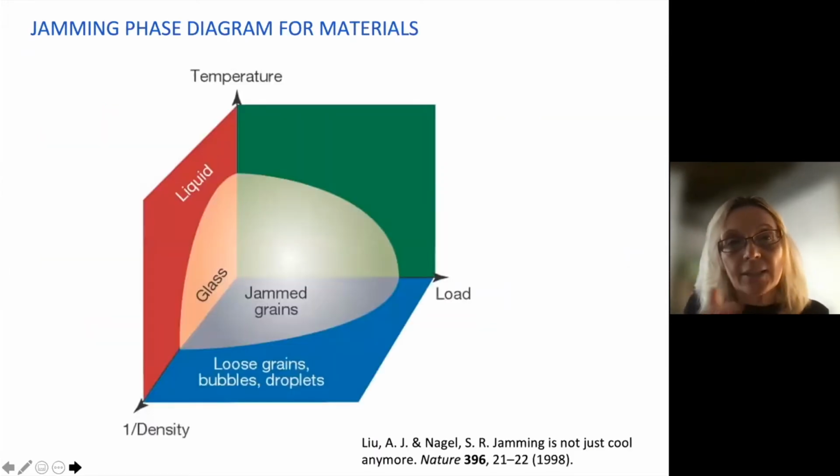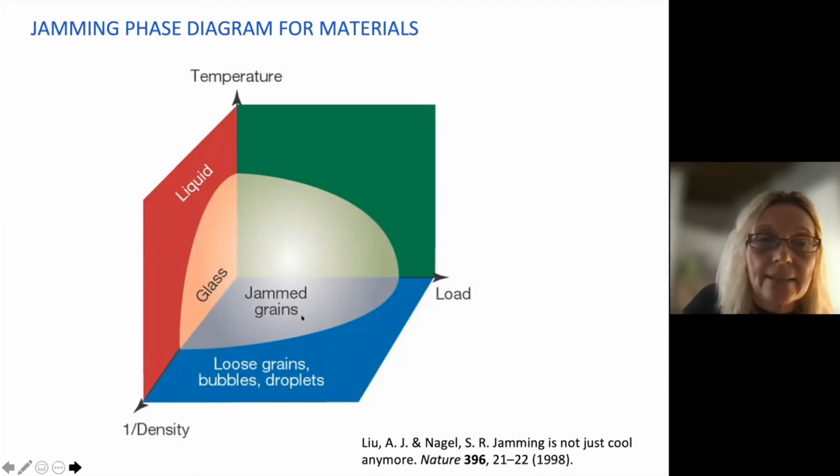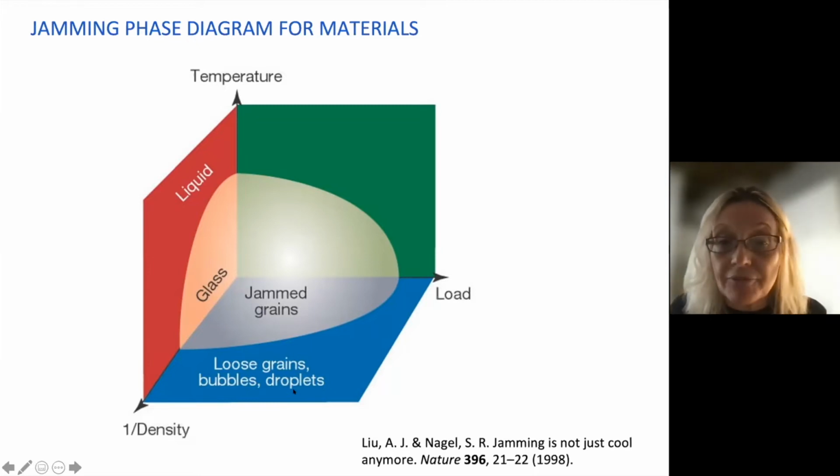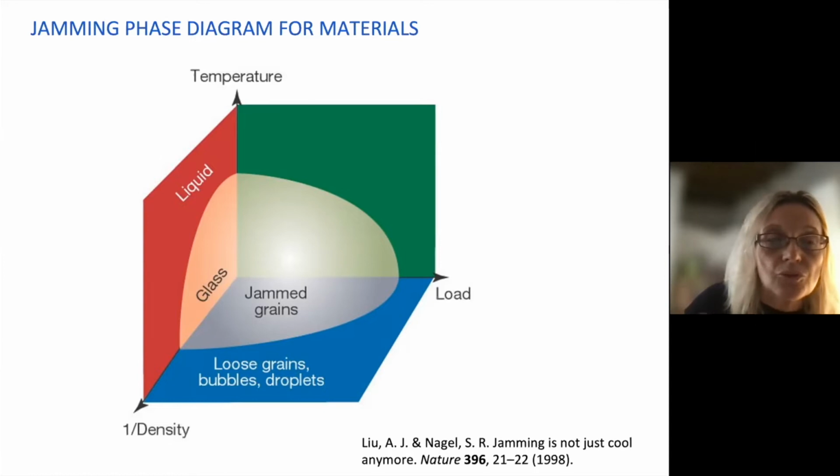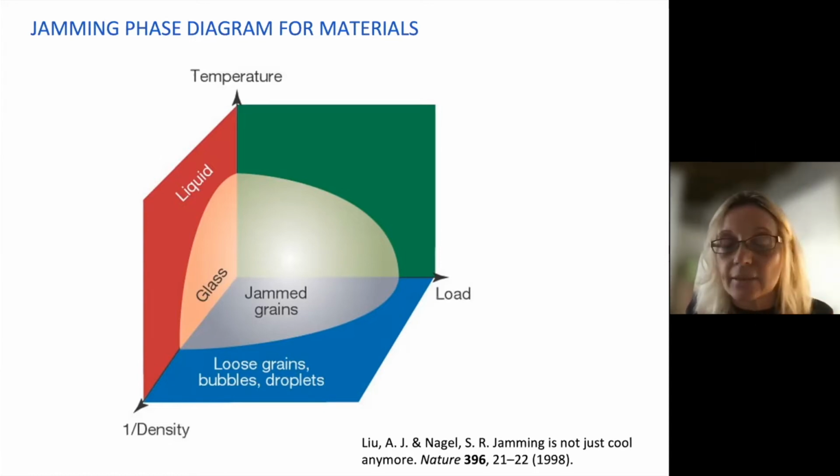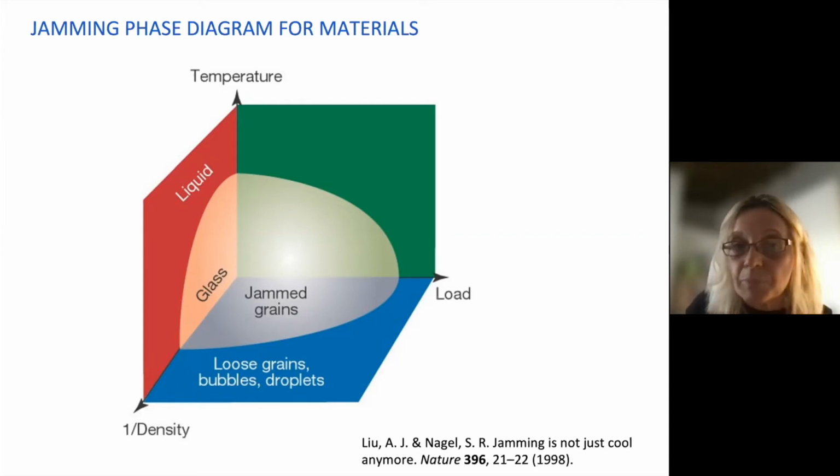The point is that in this case, you can draw this jamming phase diagram for materials, where in this bubble you have the jammed condition, and outside the bubble the unjammed phase. And you can tune a little bit the temperature, the density, and the load. You can play a little bit with these parameters and explore the different phases.